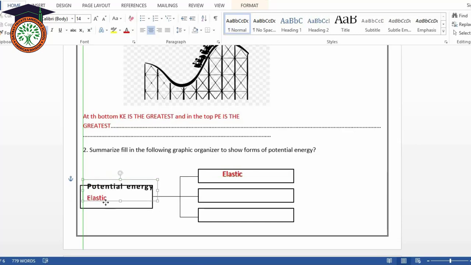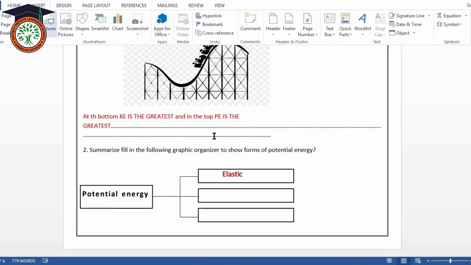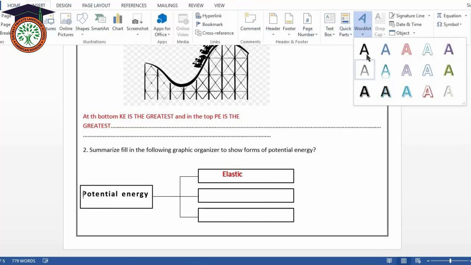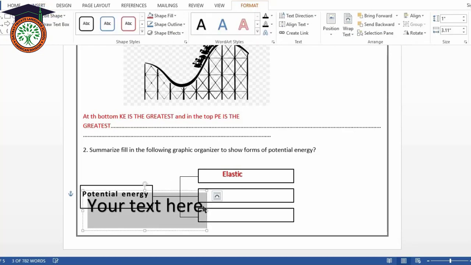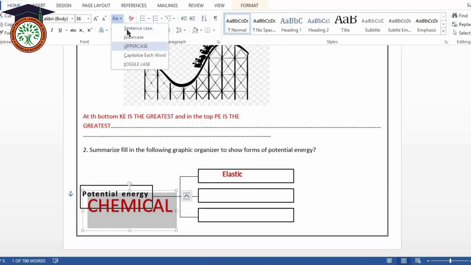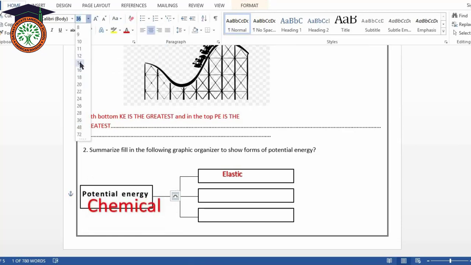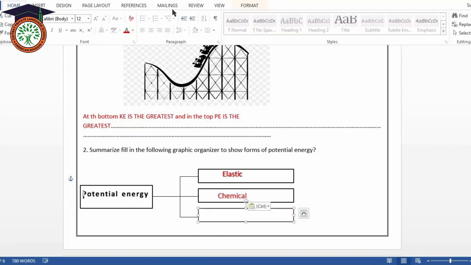Okay, so this is the first one. The second one will be here. I will add another one here.